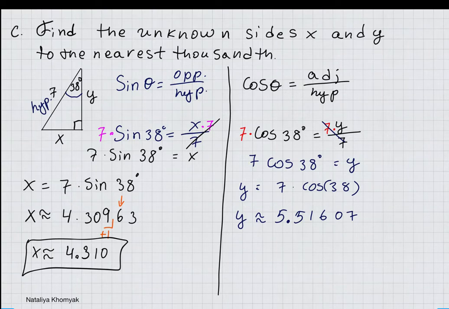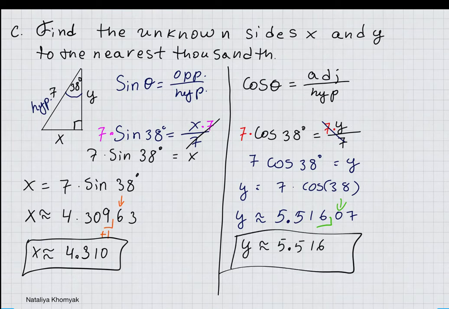So the nearest thousandth is right after 6. We look at the number to the right of it, and it's a 0, which is less than 5, so we don't need to do anything. Thus 5.516 is our solution for y. That's all.